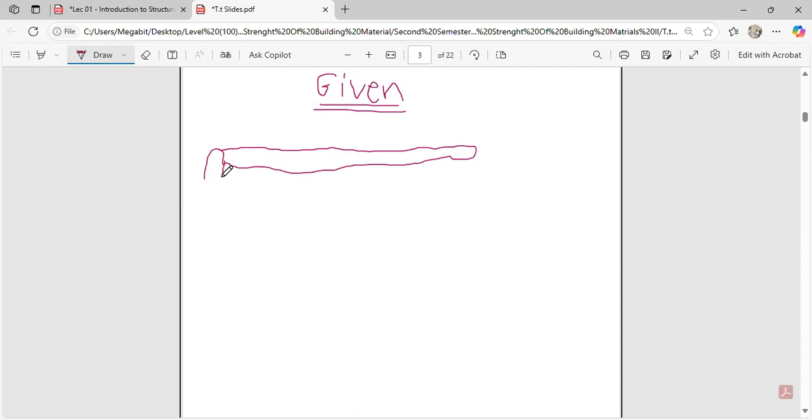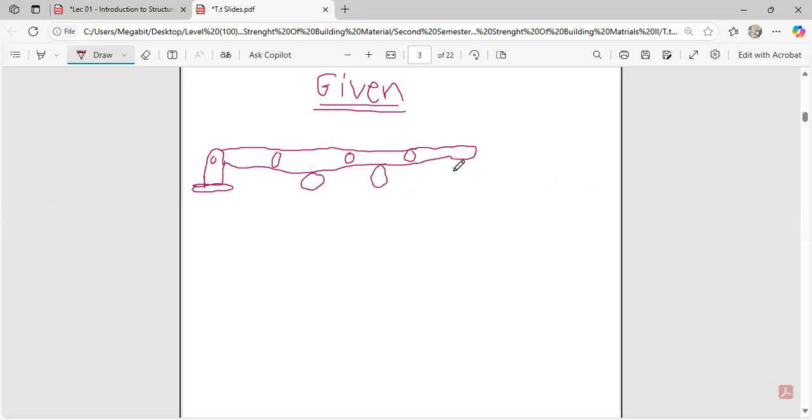Forgive me for my drawing. It has, let me say, 3 internal hinges. They will always label the parts for you, so you should always consider them in your calculation.